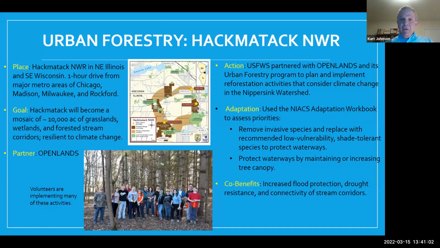But they have an urban forestry program, and so they work very closely with the service to implement some reforestation activities that would consider climate change in one of the principal watersheds there, the Nippersink Creek watershed. Again, they used the NIACS adaptation workbook to assess what their priorities should be, and they concluded that they needed to remove invasive species and replace them with recommended low vulnerability shade tolerant species to protect the waterways, and then just to protect waterways themselves by maintaining or increasing tree canopy.